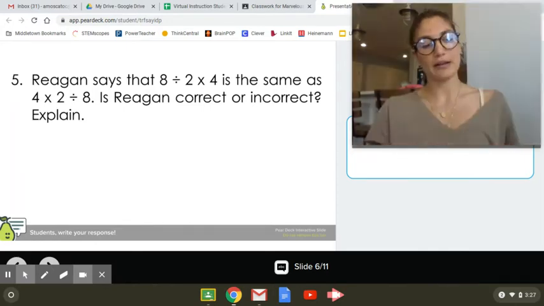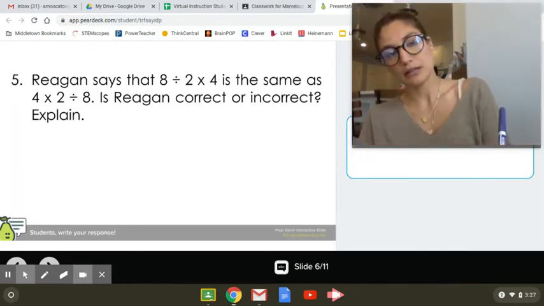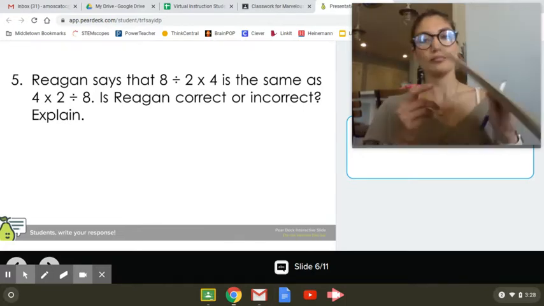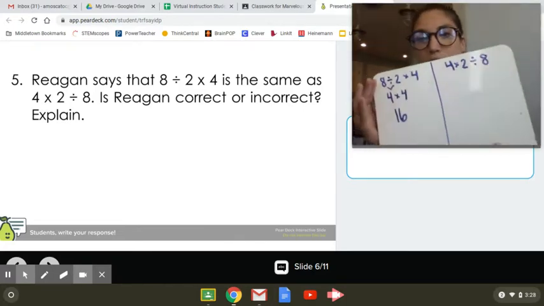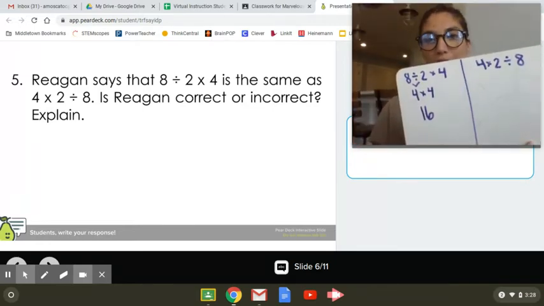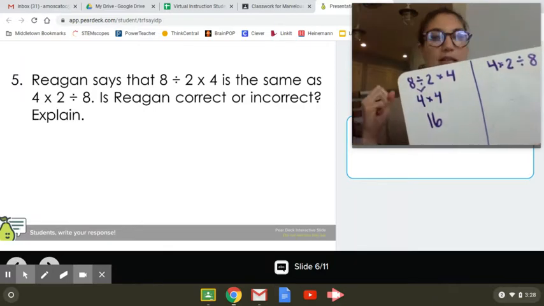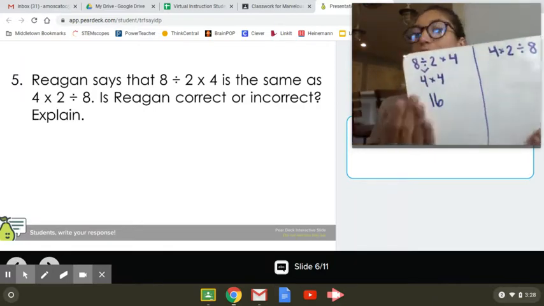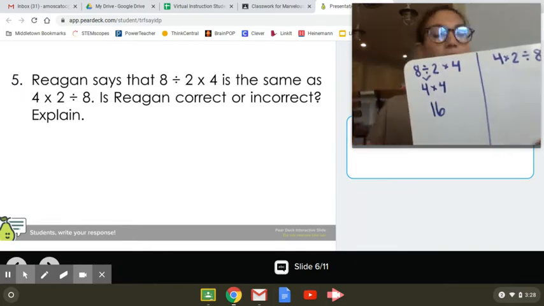Let's try the other way. 4 times 2 divided by 8. Again, I see multiplication and division. Remember, multiplication and division are equals. They are the same thing in this situation. So we just solve the problem left to right like when we read.